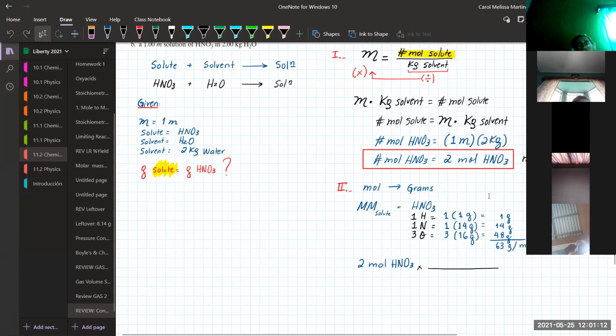okay, here, where am I going to write the number of grams, up or down? Up. 63 grams are coming up, and below you write the moles.